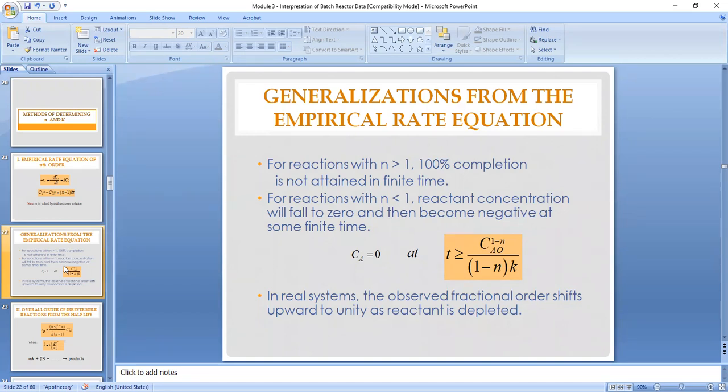For n greater than 1, 100% completion is not attained in finite time. What do you mean by that? It becomes indefinite because the denominator becomes zero.